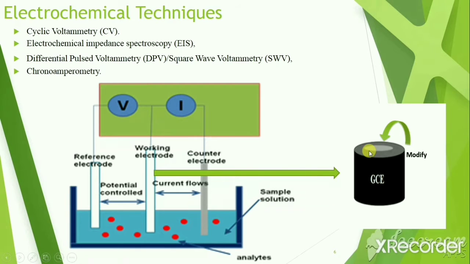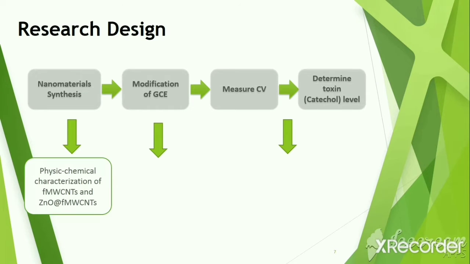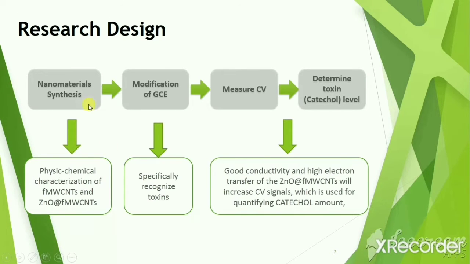The solution proposed here is to modify this surface using some specific nanohybrid or nanocomposite or any other nanomaterial. So to do so, we have to pass through 4 important steps. The first one is the synthesis of the nanohybrid. Here in our study we have synthesized an organic-inorganic hybrid, but before we go further with it, we need to do some physicochemical characterization to see if we successfully synthesized a desired and good conductive nanomaterial.